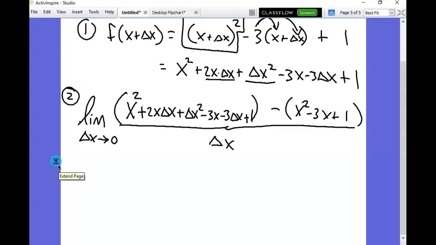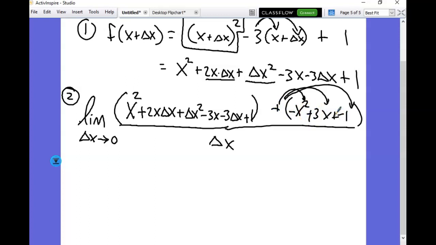Now to save writing, I don't want to rewrite all this again, and you don't really have to either. I think we can just show our work in one step here. So the next thing we do is distribute, right? That's going to make this x become a negative x, this 3 become a positive 3, and this 1 become a negative 1.